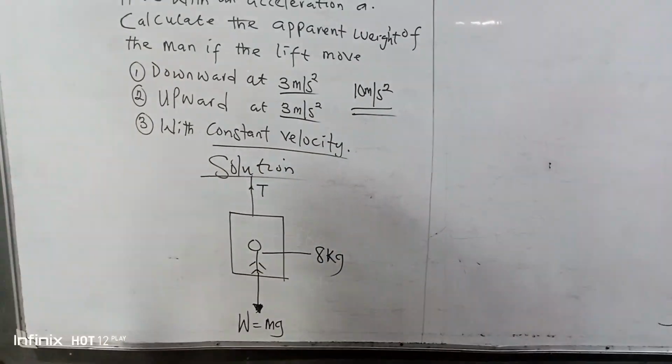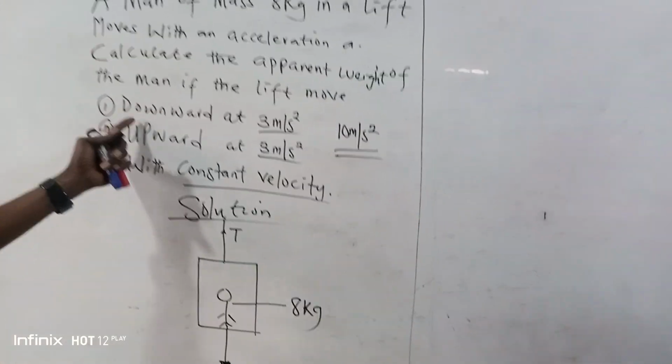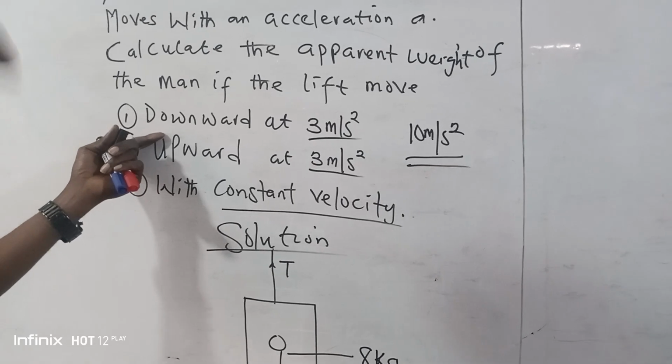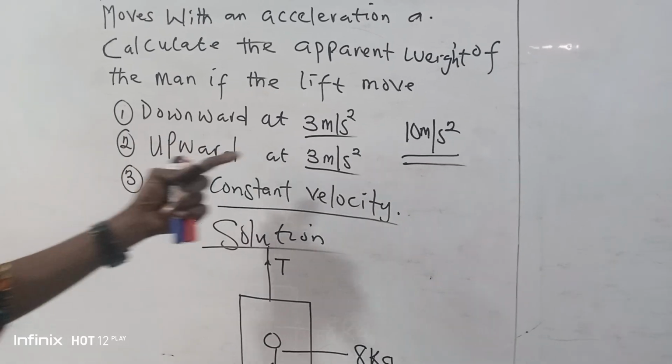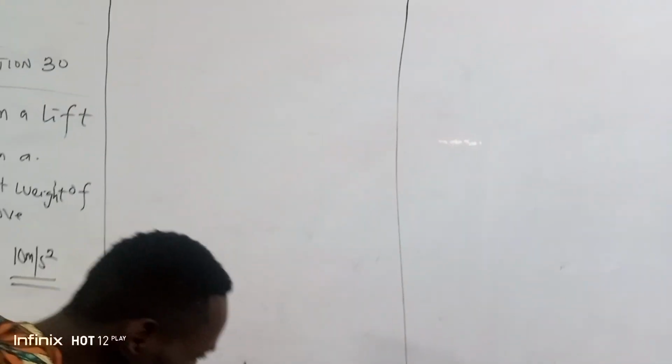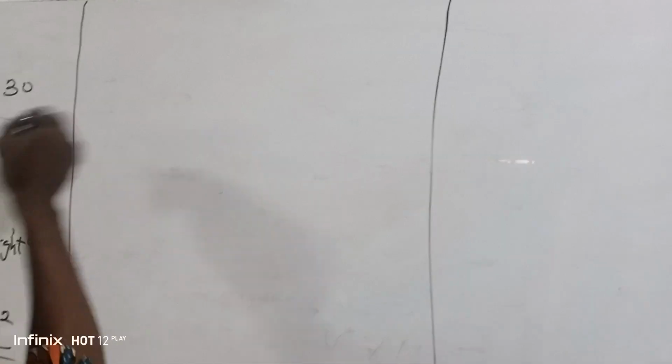Number one, calculate the apparent weight of the man if the lift moves downward. The acceleration is downward at 3 meters per second squared.